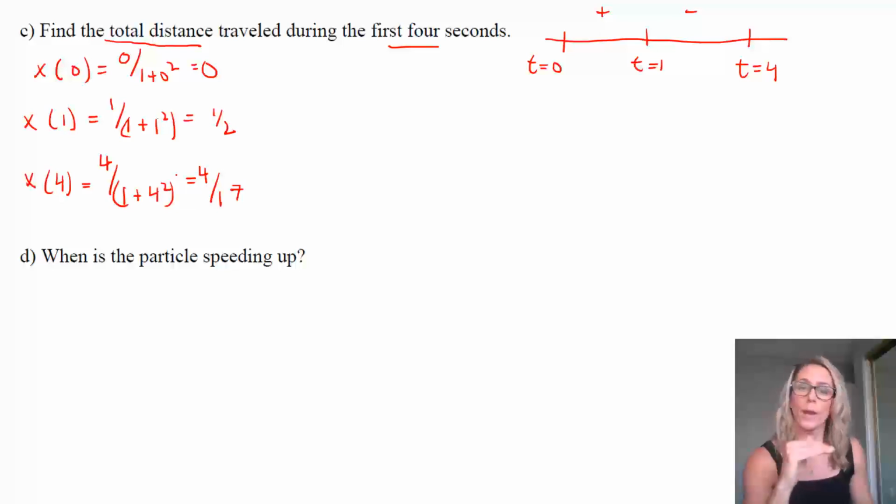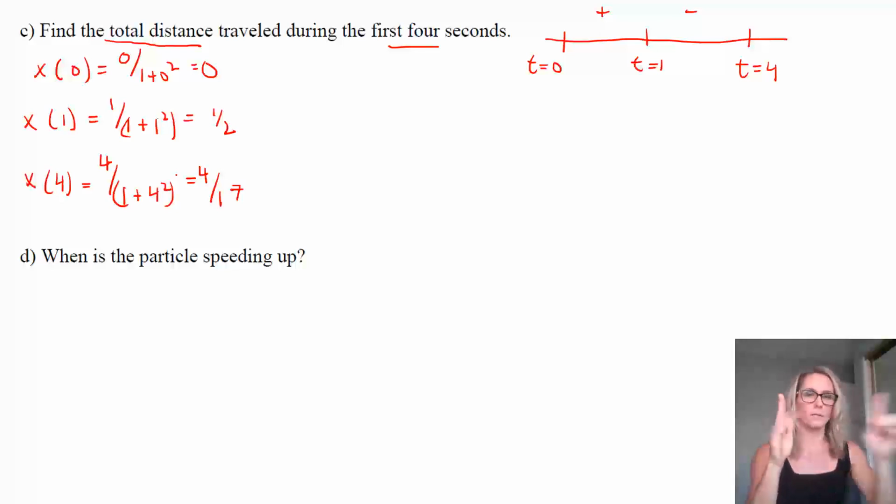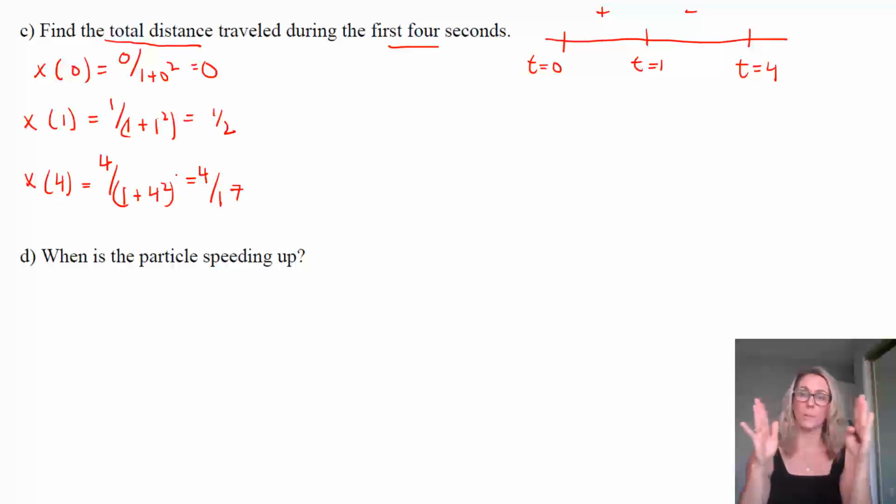So now that we know where the function is on that x-axis, it starts at 0, and then at 1, it's at 1/2. But then notice that at 4, it's at 4/17, which is less than half, so it's gone back. So what we want to do is add this distance plus that distance, and that'll be the total distance that it went.